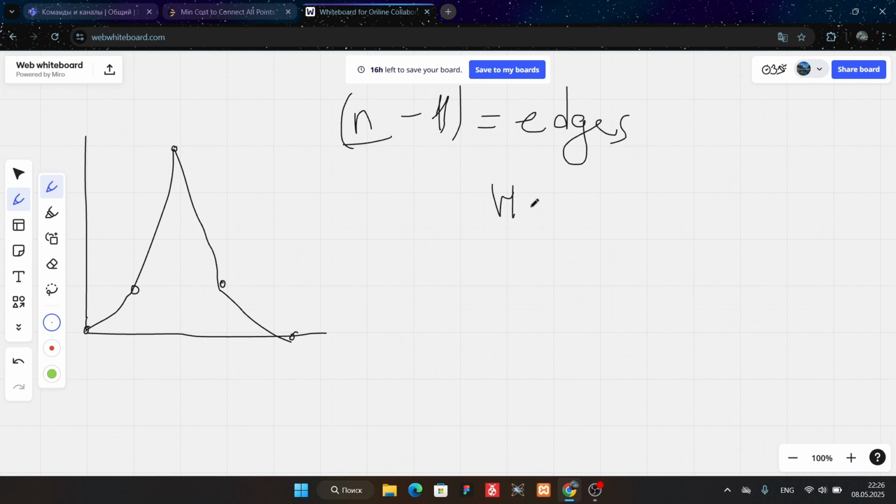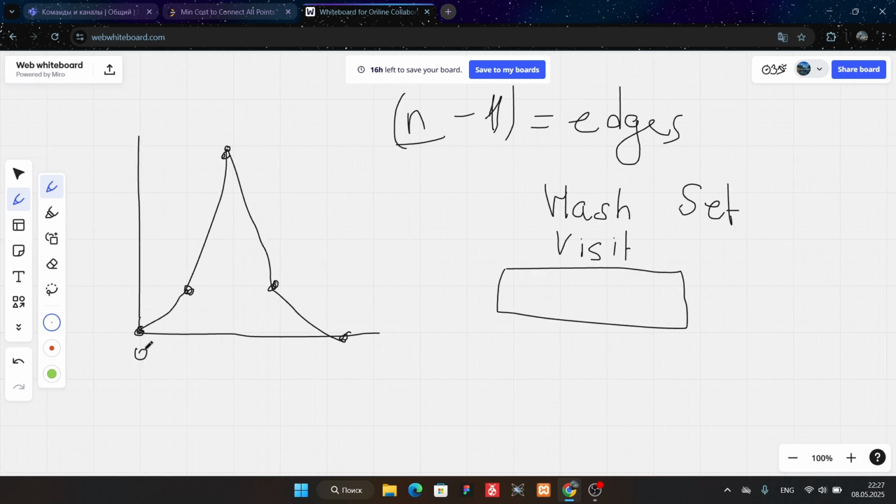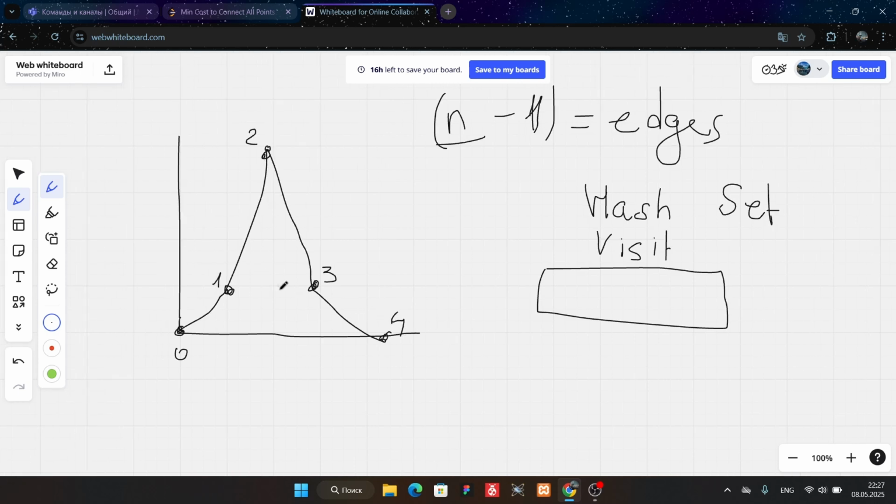First of all, we create a hash set, and in this hash set we note that we visit each node exactly once, and check: have we visited here or not? Okay, let's do it. First we give a number to each node, and for each of these nodes we have to find the minimum cost.